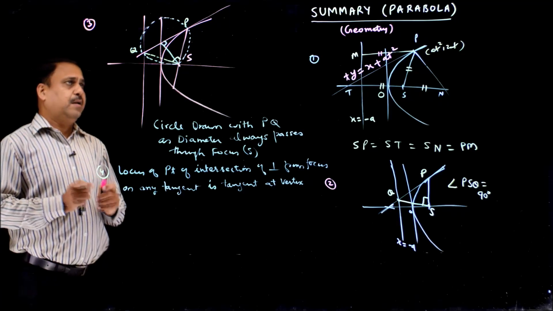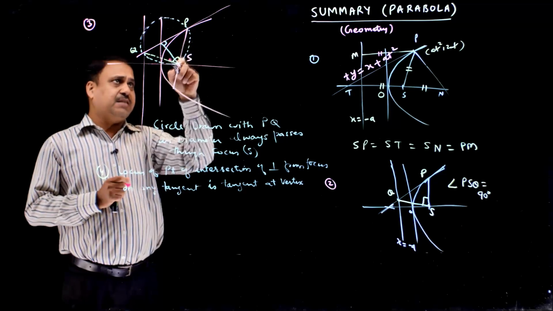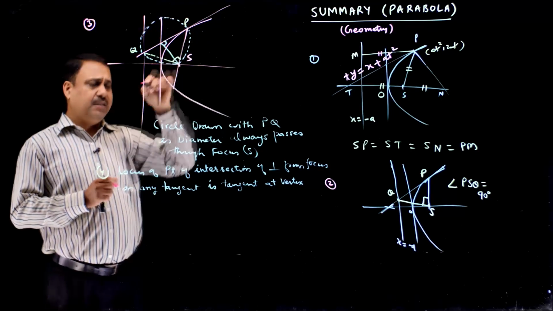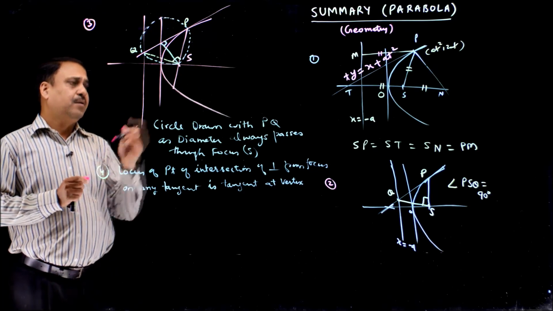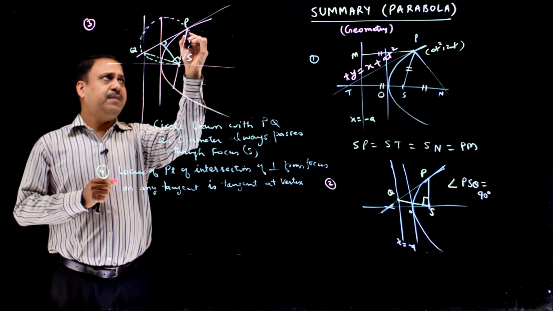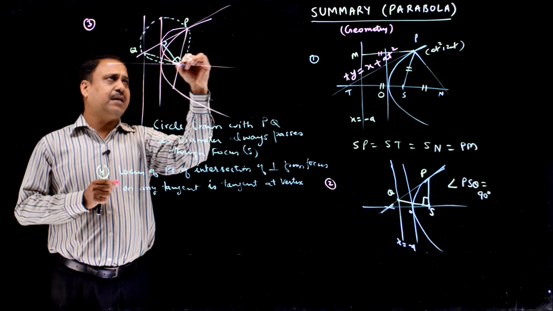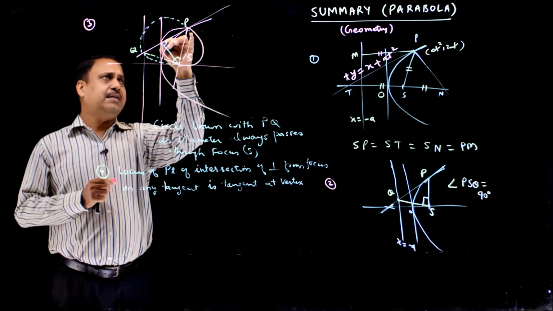That means, in other words, if I draw a circle with this focal radius PS as diameter, it will touch the tangent at the vertex. You can understand it this way. If I draw PS as diameter, this angle is 90 degrees.